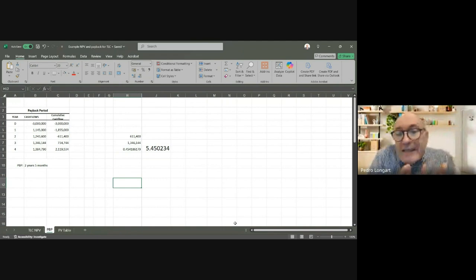So it's a simple method, but there is a big but. Okay, it doesn't consider the time value of money. That is the main problem of the payback period. Is payback still used? The answer is yes, yes, yes, still used because of its simplicity. But which one is normally preferred?